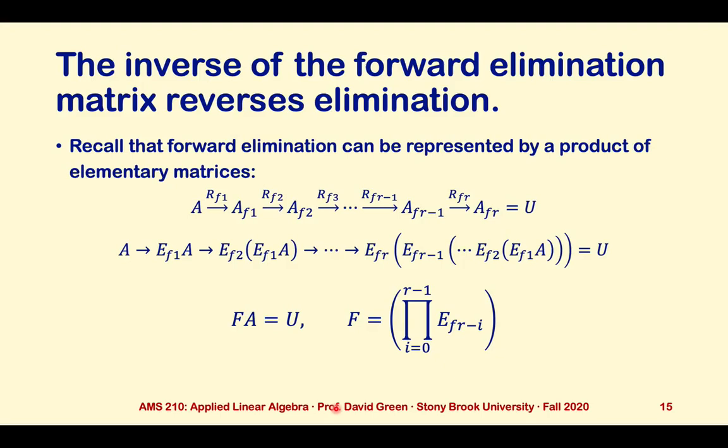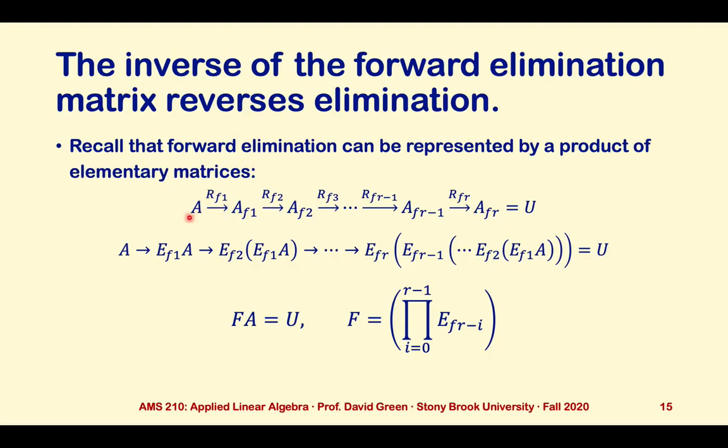What happens then when we put it all together? We recall that forward elimination can be represented by a product of elementary matrices. That is, if we start with A and go through a series of forward steps, through a series of intermediate matrices until we reach a final upper triangular or echelon form after R such steps. Each of these we can represent as a matrix multiplication.